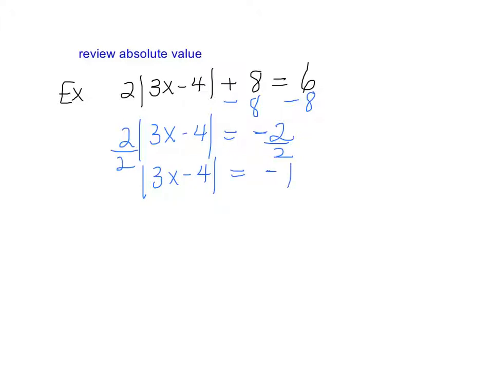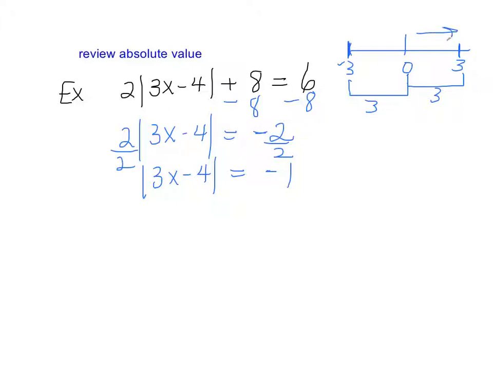Now recall what the absolute value means. The absolute value means that you are looking for two values that are the same distance away from the origin. So for instance, if this is 3 and negative 3, the distance from 0 to 3 is 3. The distance from 0 to negative 3 is also 3. Distance is always positive, no matter which direction you go.